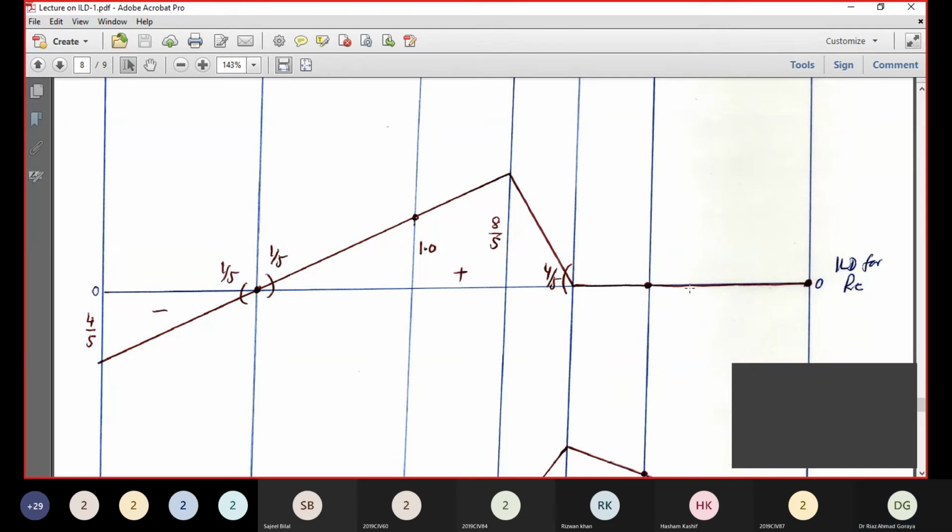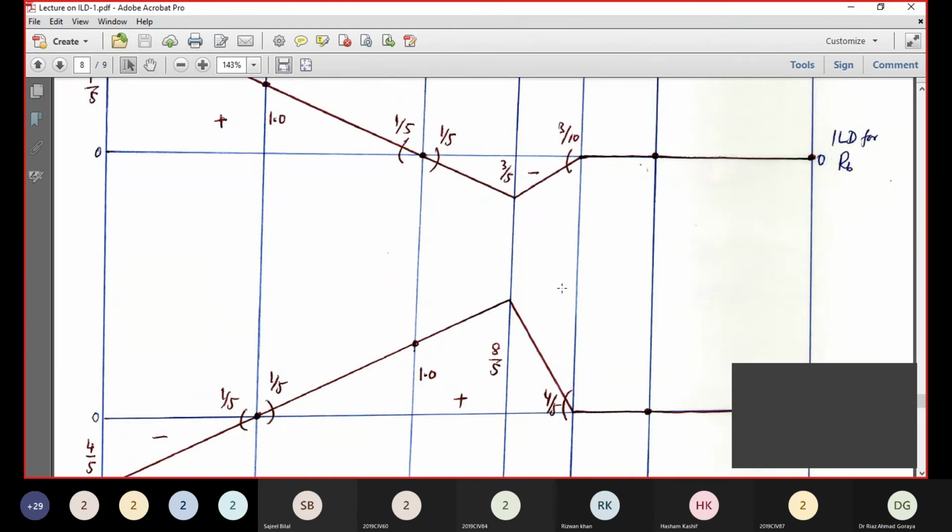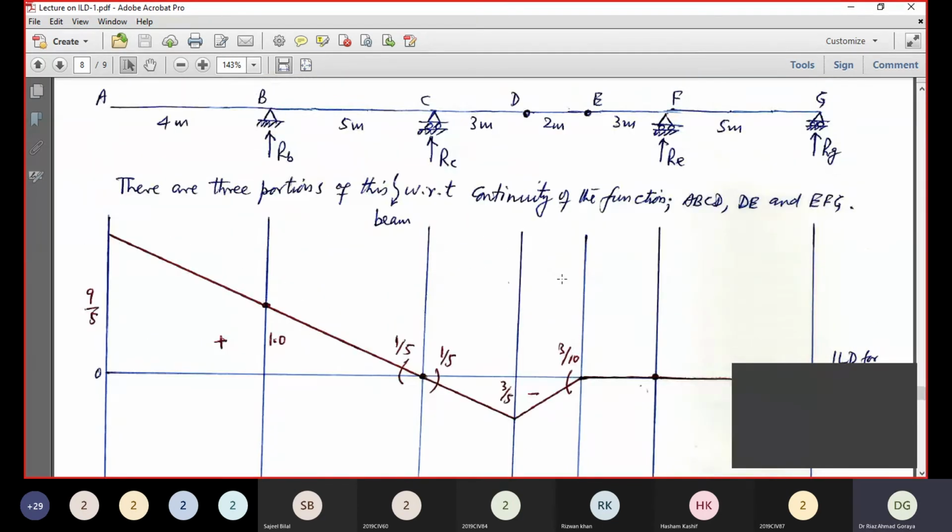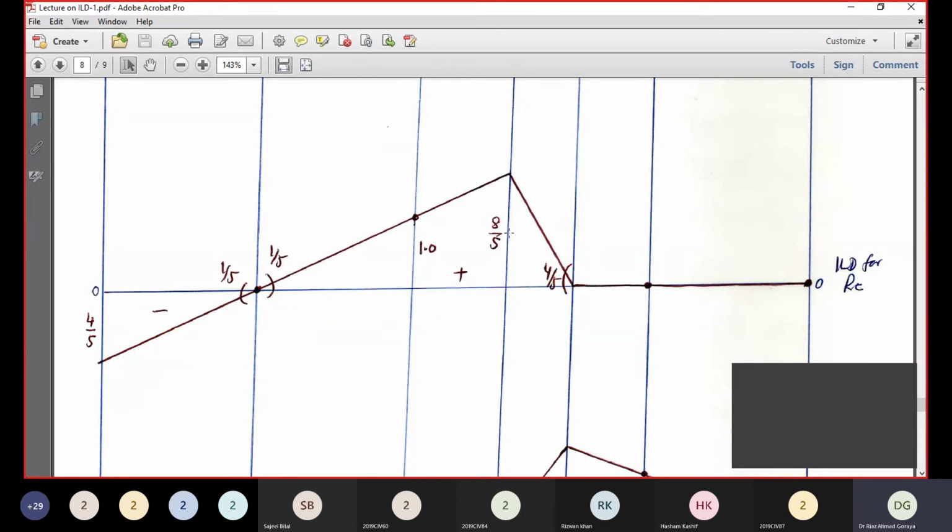Now these two 0, this will continue up to this point E. Now these 2 points will be joined with this straight line. Now this slope, this is 2 meter. So this ordinate divided by 2, that will be 4 by 5.